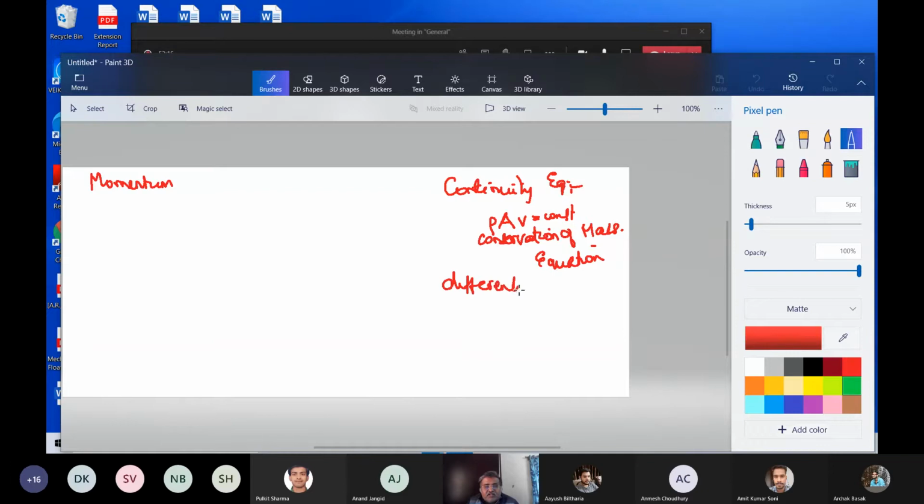The differential form of the continuity equation, I am not going to derive it. You can just take it from any book. I am talking only about incompressible flows. From now on, all the derivations and equations that I derive are for incompressible flows.